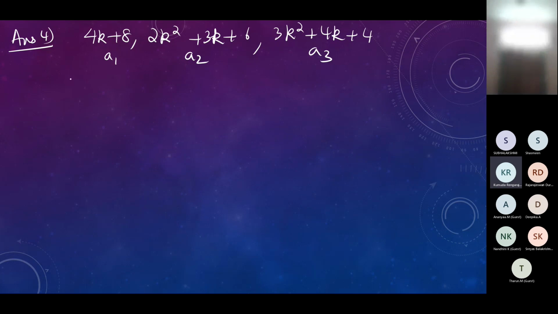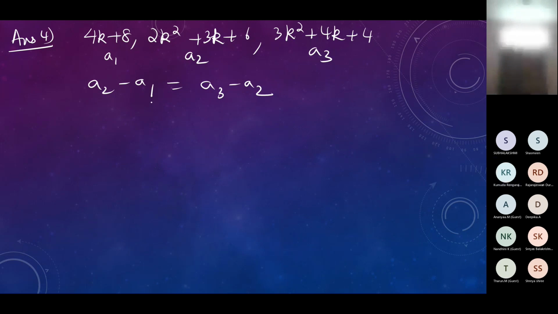So clearly A2 minus A1 will be the same as A3 minus A2, the common difference. The second term minus the first term. See, it need not be A1, A2, A3. You can even call it A11, A12, and A13. Then in that case, A12 minus A11 is equal to A13 minus A12.